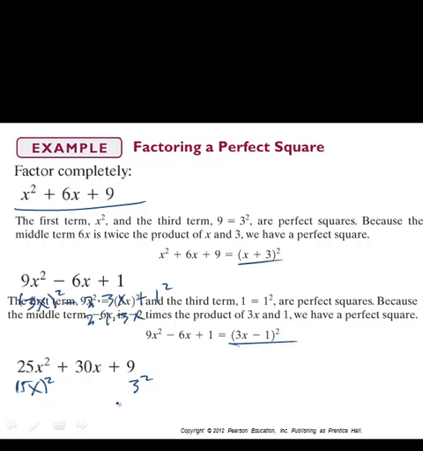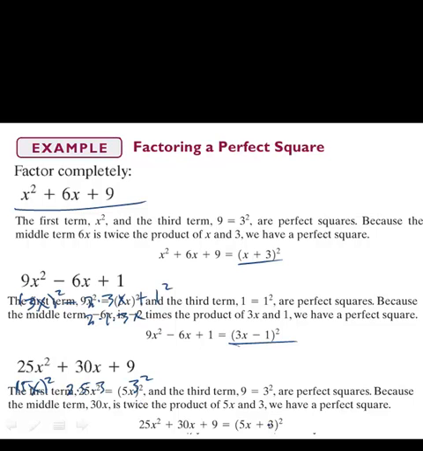And then in the middle, that 30 is the 2 times 5 times the 3. So you could see the factorization for this one is going to be the 5x plus 3 squared. The 5 coming from this guy and the 3 coming from this guy.